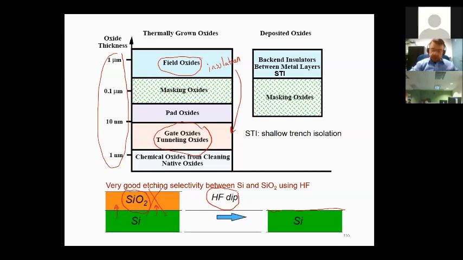HF, I'd like to remind you, is, as I said, a nasty acid. It's not because it's a strong acid, that's actually counterwise. Most of the time they are diluted, and if there's a spill somehow, it will be quite difficult for you to notice it if you don't realize it immediately.